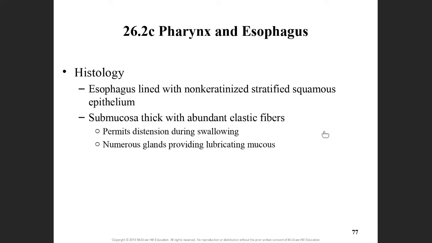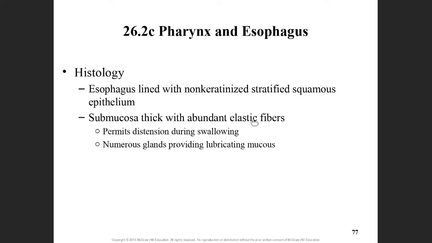The esophagus is lined by non-keratinized stratified squamous epithelium. The tunica submucosa in the esophagus is thick, and it's full of elastic fibers. These elastic fibers can help the elasticity of this tube.